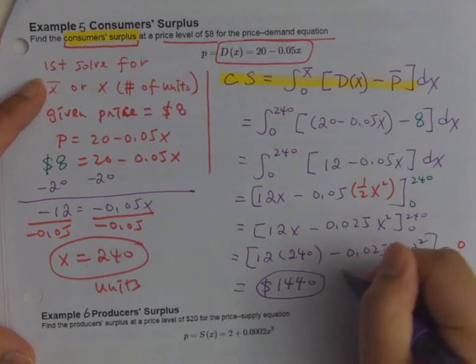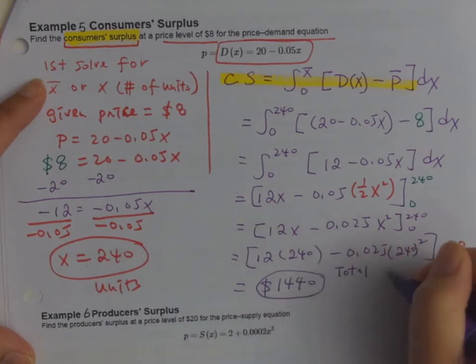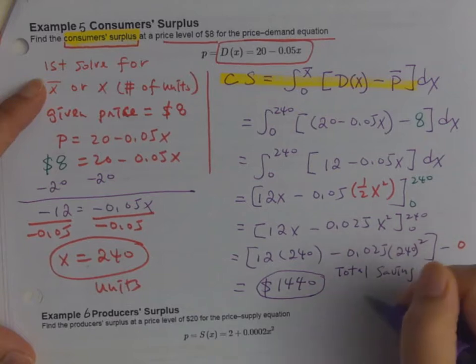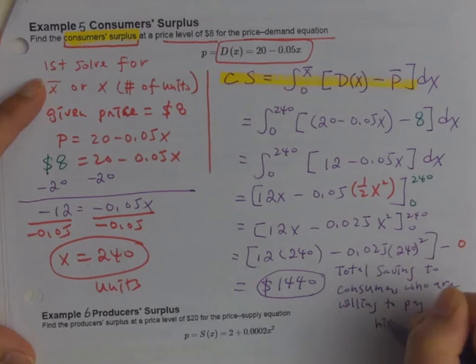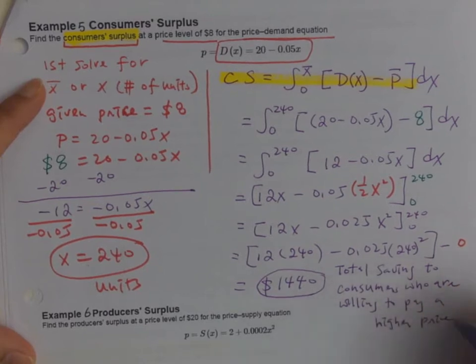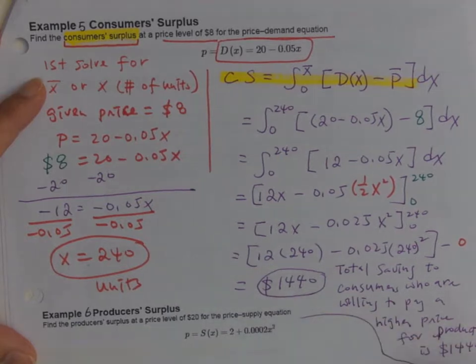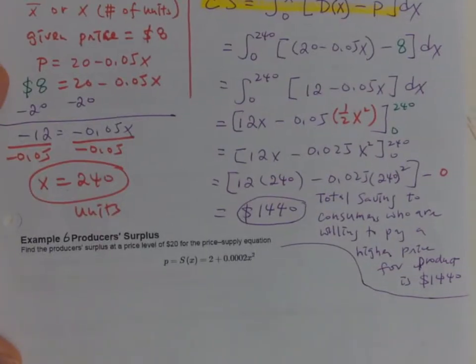So this would be the total saving to the consumer who are willing to pay a higher price for the product is 1440. Okay, all right, so that's the first question.